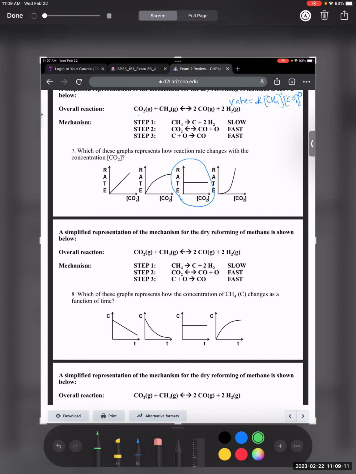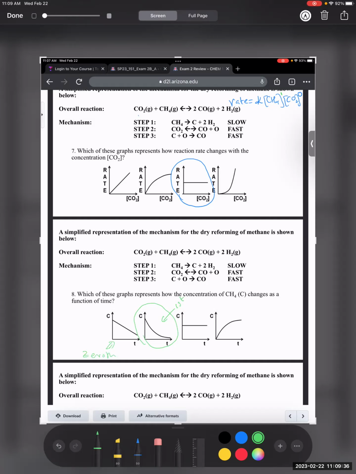That means it's a first order reaction. If it is a first order reaction, what is going to happen is, if you plot concentration versus time, it's going to change like this. Okay, this is for first order. Okay, and then something like this would be for 0th order.